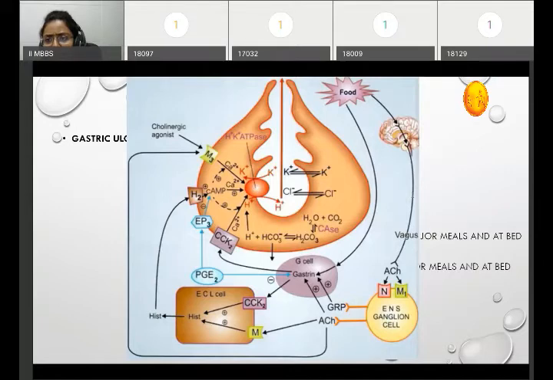Yes, H2 blockers, PPIs. Antacids. Prostaglandin. Anti-H. pylori. Again, proton pump inhibitors.